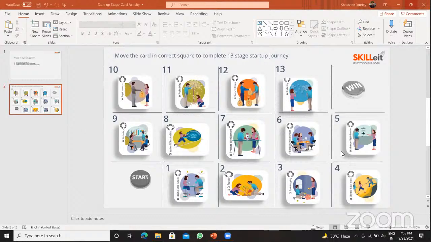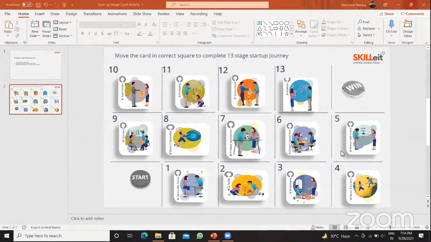Third, according to our team discussion, is bootstrapping, which is basically retained earnings, the capital introduced by the co-founders and the people involved in the business. And fourth is mentor and co-work, that is we'll take help of some experts, or some mentors who are already in the industry or who can help us to form a good startup and a good business plan and how to work forward towards it.